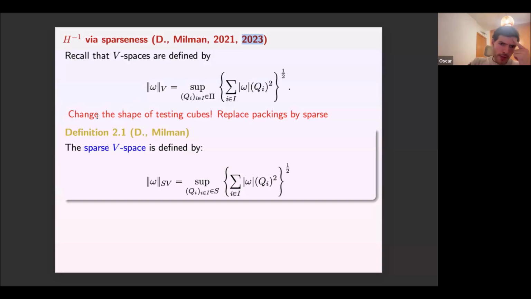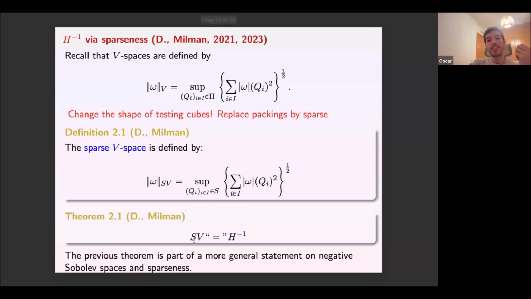And now Mario and I suggested, okay, what happens if we replace here the set of all packings by the family of all sparse cubes? Then we define sparse V spaces. So here, we test this condition over all sparse families of cubes. And then we introduce sparse V spaces, and we obtain the following nice formula. So sparse V spaces characterize H^{-1}.